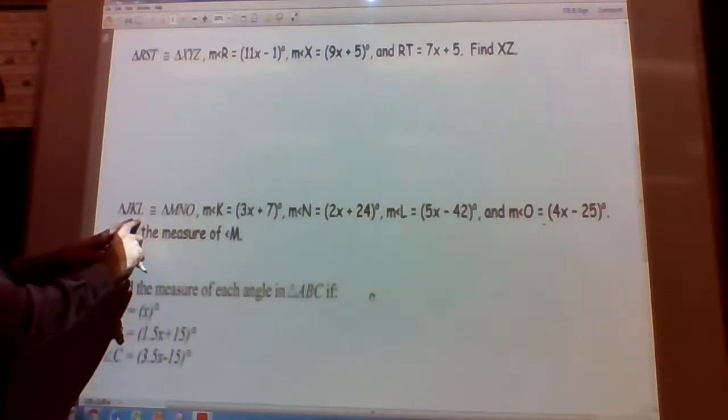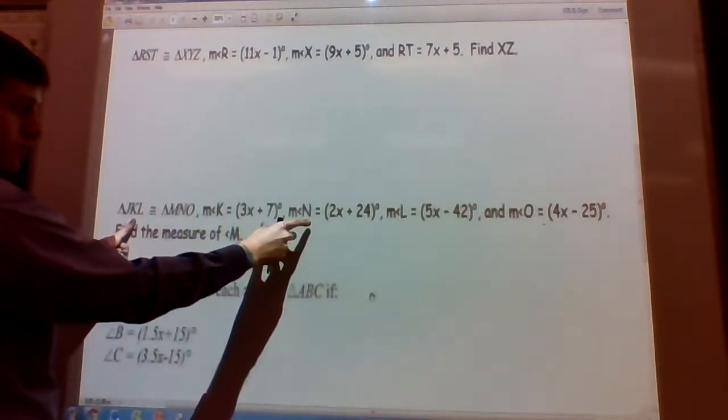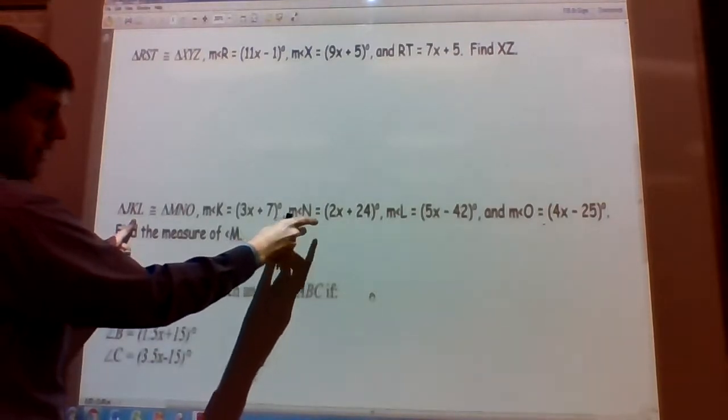If we notice that K and N are congruent, so the measure of angle K is going to equal the measure of angle N, and we can find x.